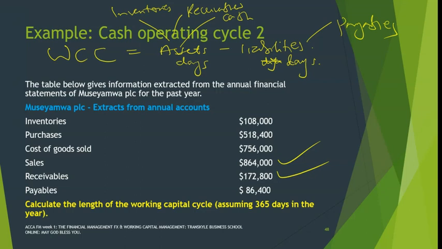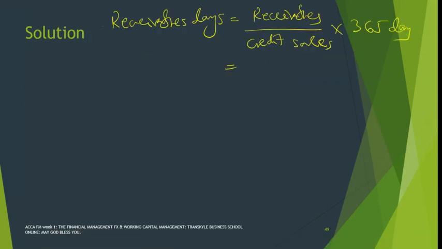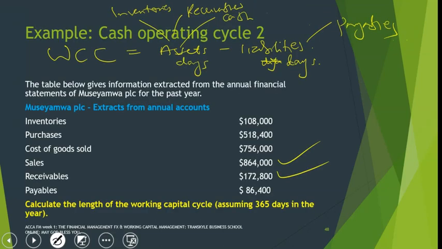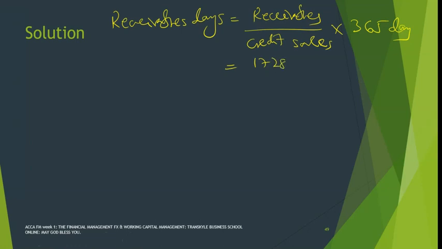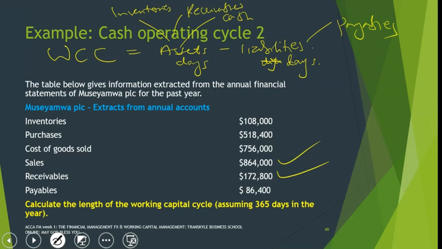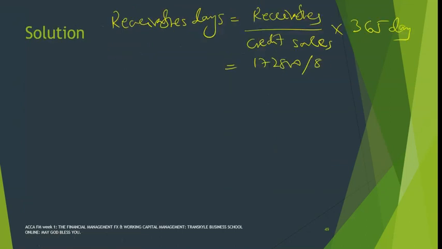So let us try to determine the receivables days. That's 172,800 over 864,000, and this gives us 73 days.